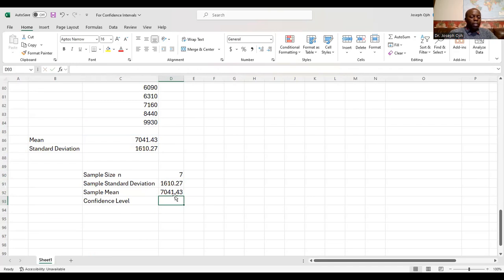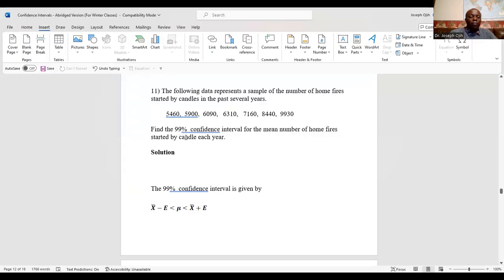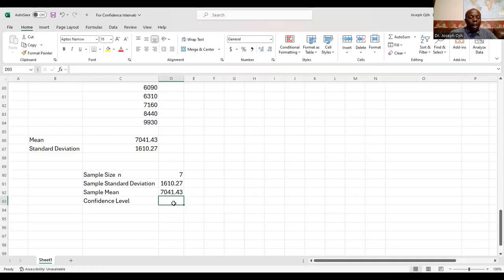Then the confidence level. Let me make sure I have the correct confidence level. It says 99% confidence level, so we have 0.99.